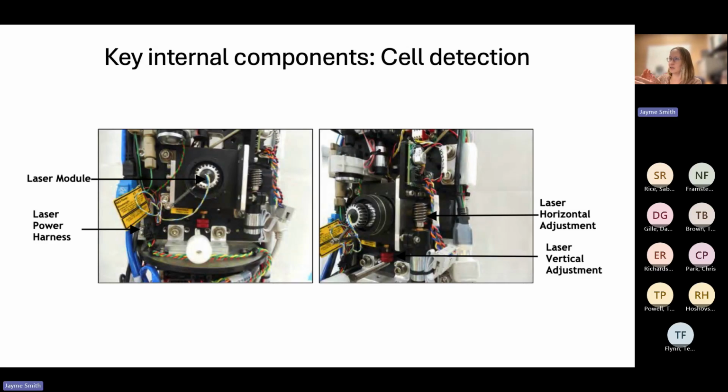If it's in the housing, you can adjust the visualization through the way the laser is oriented. You can also do it manually if you've taken the housing off, but that essentially fine tunes and makes sure it's catching all of the phytoplankton as they pass through the laser path.